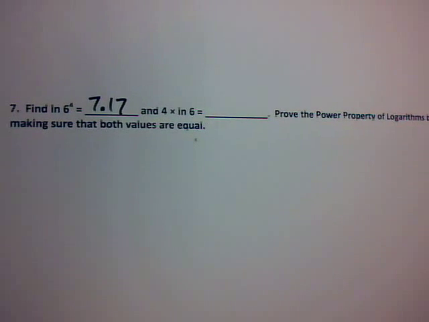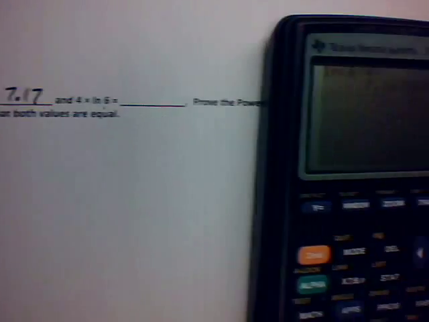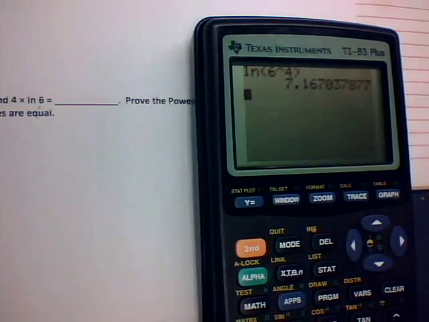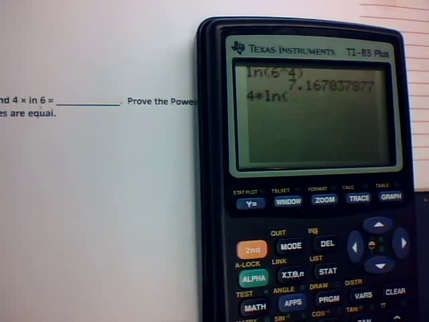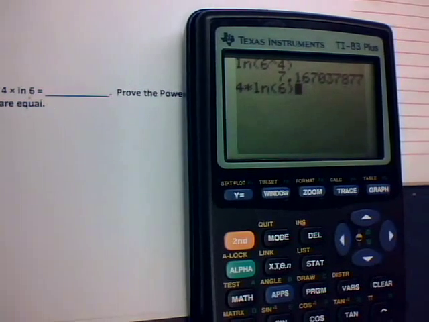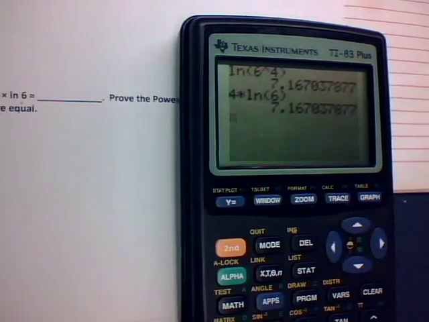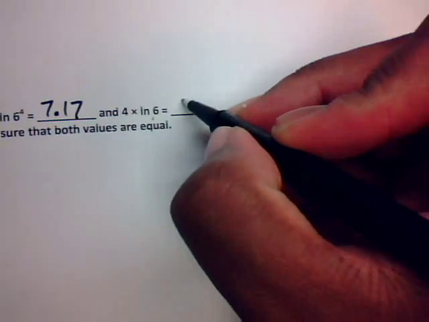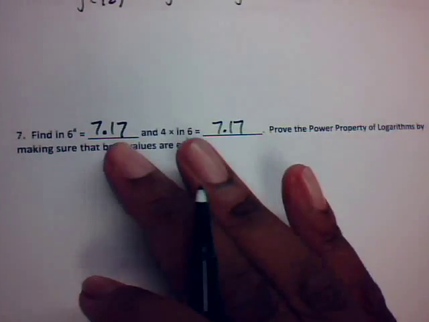Okay, and then 4 times ln of 6. We're going to press 4 and then times ln 6, close parentheses, and then hit enter. Notice it's the same answer, 7.17, rounded to two decimal places. So here, we came up with the same answer.